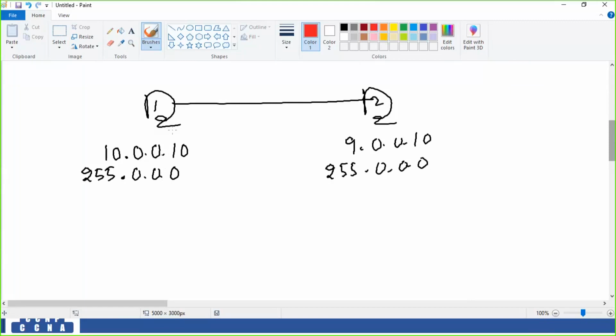No. Why? Different networks. It is the 10th network and the 9th network. But the mask is the same. The network portion is different. Devices implement the ANDing method, so by the ANDing process they come to know both are in different networks.